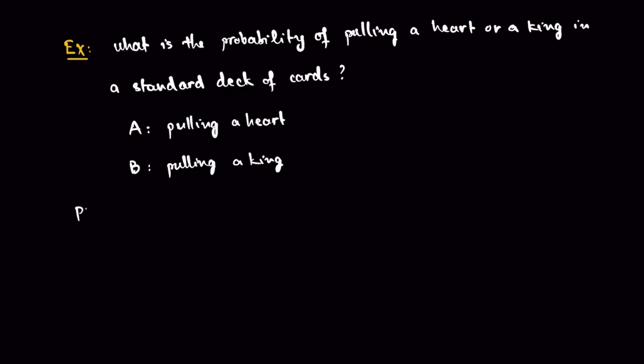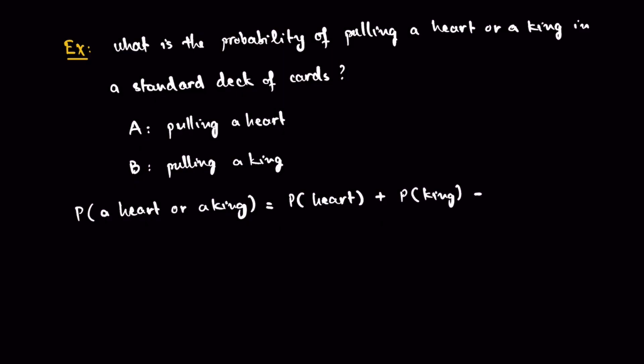To calculate the probability of pulling a heart or a king, I first write that I want to find the probability of a heart or a king. This is equal to the probability of pulling a heart plus the probability of pulling a king minus the probability of pulling a heart and a king. This means I want to know the probability that the card I pull is the king of hearts. All right.